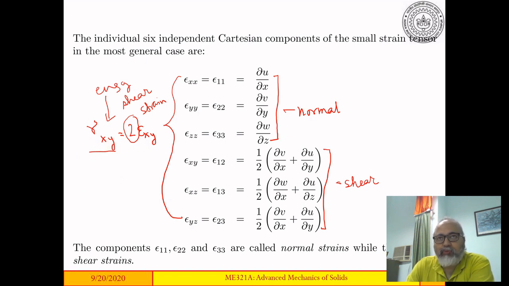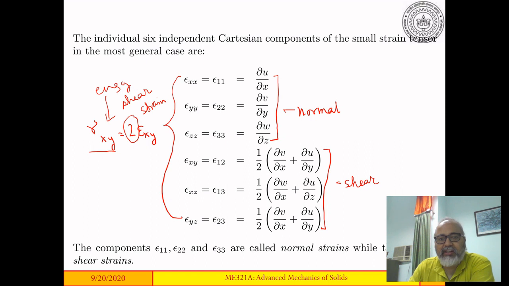So when you do tensor transformation, which we are going to learn today, you don't use the engineering shear strains, and if you're given engineering shear strains, you need to divide by 2 to get the tensorial shear strains and then do the transformation.